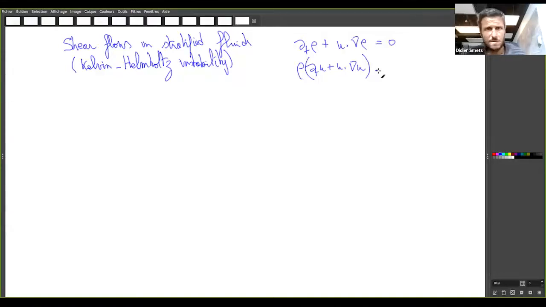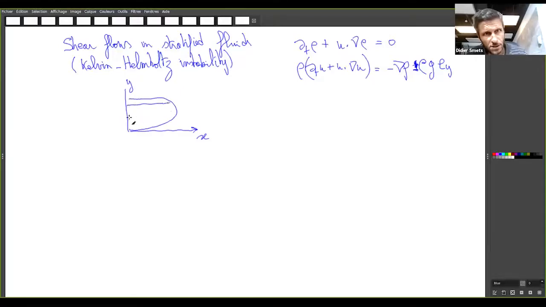Gravity is going down. Okay. So x, y. Now I have my laminar flow here, shear flow, but on top of them I have a varying density. And the two phenomena are actually orthogonal.